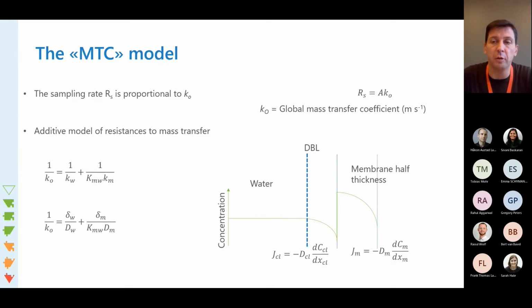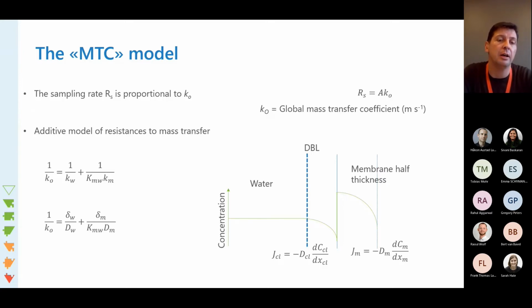So for our passive sampler we have a global mass transfer coefficient, and the sampling rate, which is expressed in liters of water extracted by the sampler per unit of time, per day. That is this mass transfer coefficient multiplied by the surface area of the sampler. So if you want a high sampling rate, then you need to increase, for example, the surface area. That's a little bit how it works.